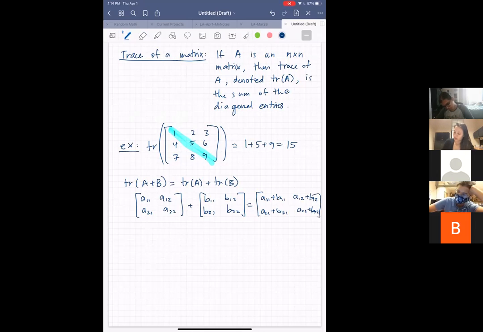And then you can see the trace of this would be, I don't really want to write this out, but then you can see that trace of A plus trace of B is equal to trace of A plus B.